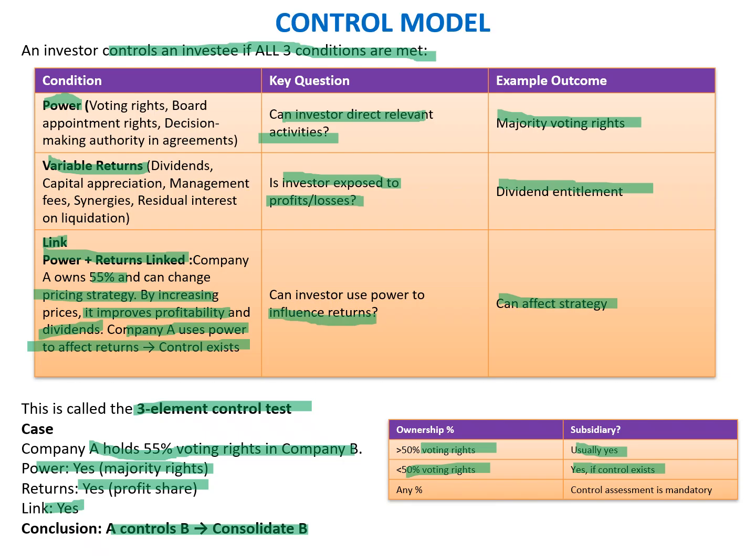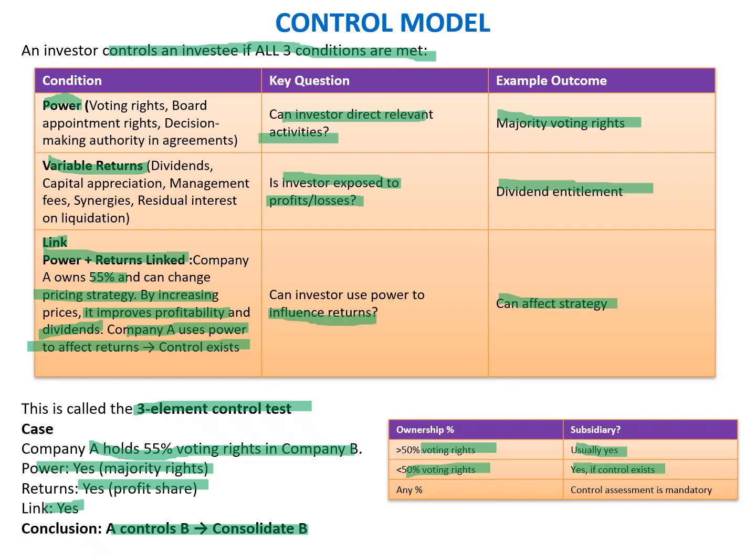So which means what? The control model clearly ensures that the parent company should have the power, should have the right to variable return, and that power should be linked with the control. Power enables the parent entity to take decisions on behalf of the investee, and this is where control is there.